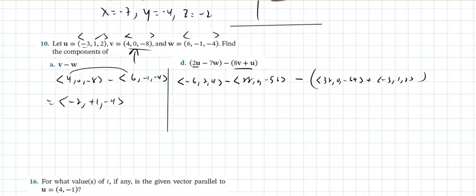So here we're looking at negative 6 minus 28, negative 34, 2 minus 0 is 2, and 4 plus 56 is 60, minus this will be 29, 1, negative 64 plus 2 is negative 62.